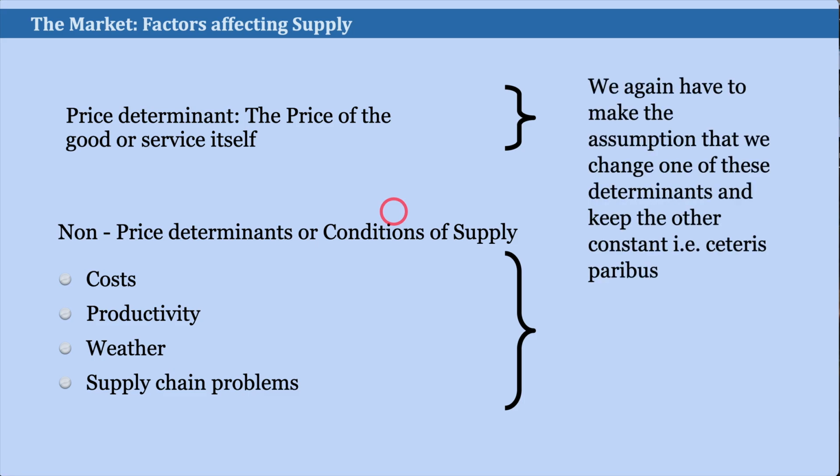But again, as we did with the demand, if we change one of these, let's say we change the price, we've got to keep all of these constant. Or we change, let's say, costs, and we keep the price of the good, the productivity, the weather, the supply chain, all constant. Okay, and that's this ceteris paribus assumption.